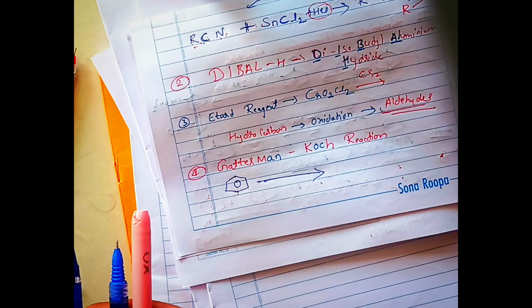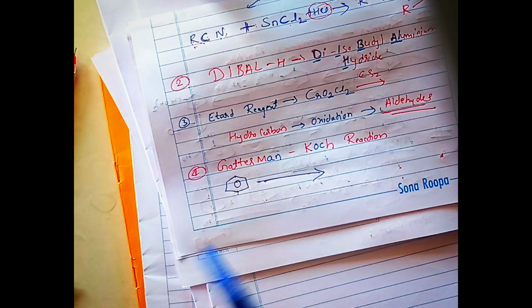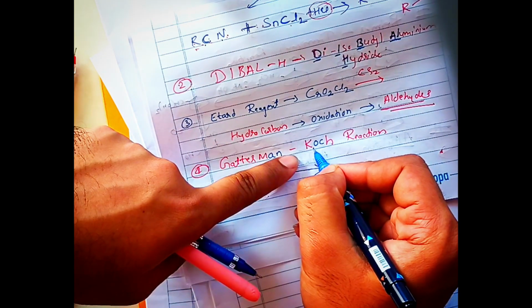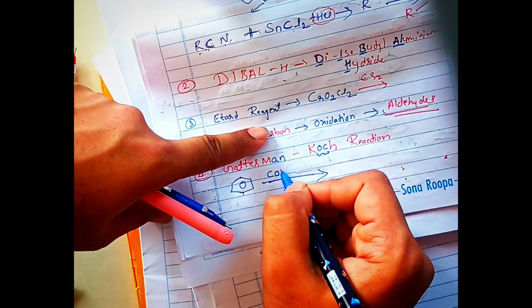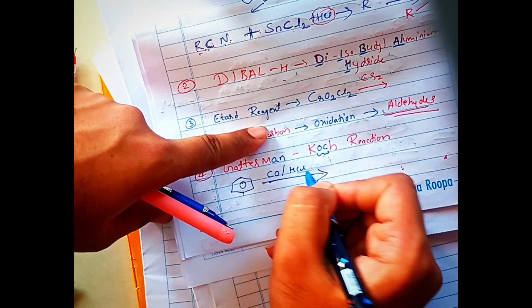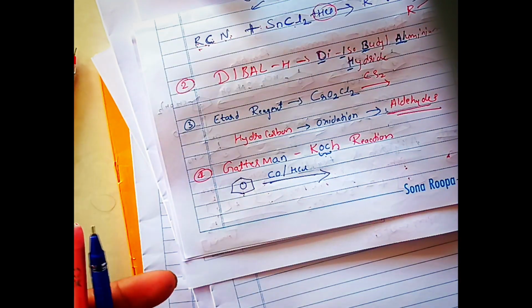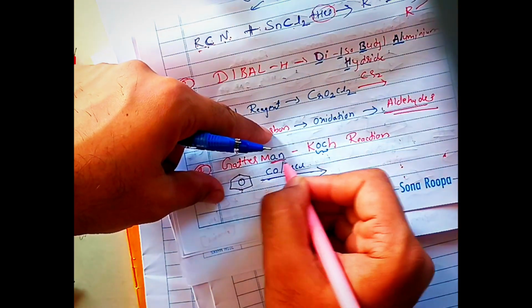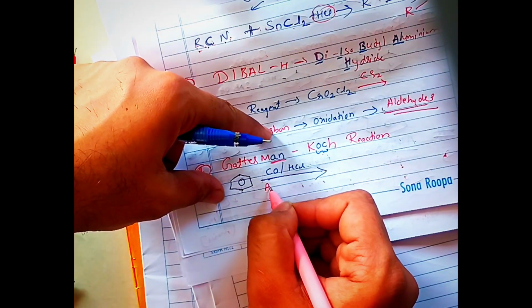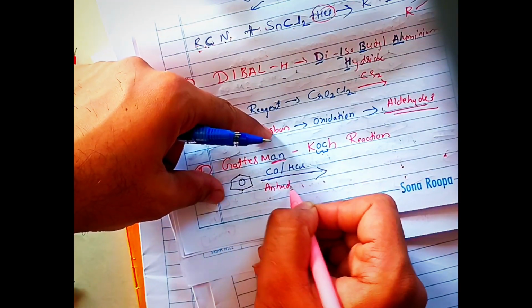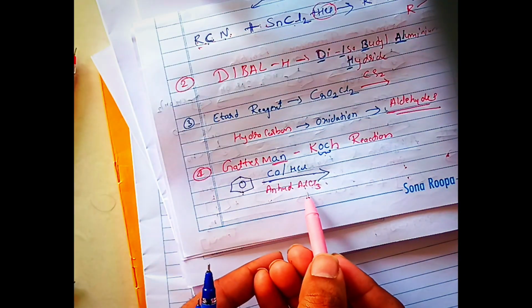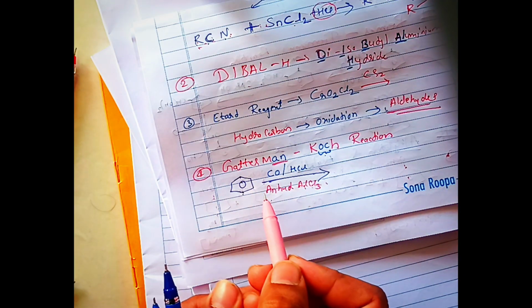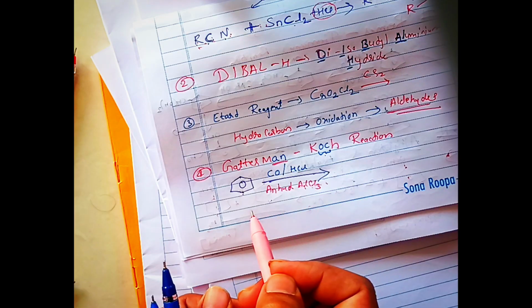Okay, so here in the intermediate I will take this CO, HCl. Then I will take anhydrous AlCl3. You already know that this anhydrous AlCl3 is used in Friedel-Crafts alkylation also.